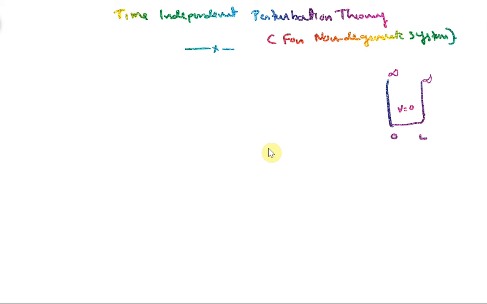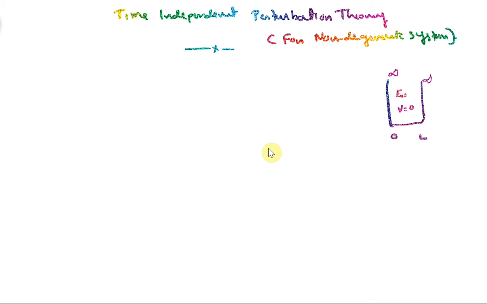You know the exact solution of this system, and you know the energy eigenvalue En. We have a clear equation for that, and we know the wave functions, like root 2 by L sine of n pi x by L. That equation you know.